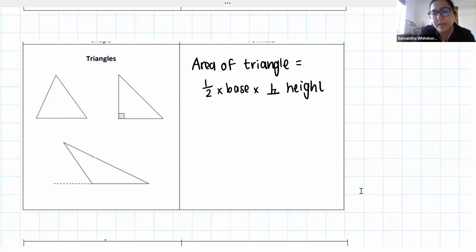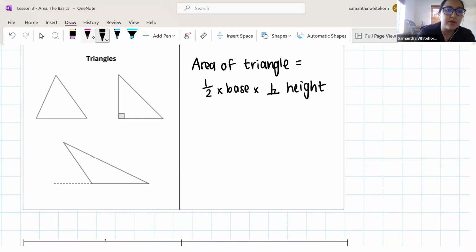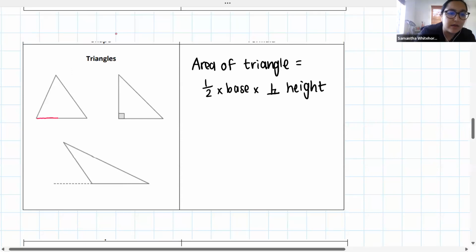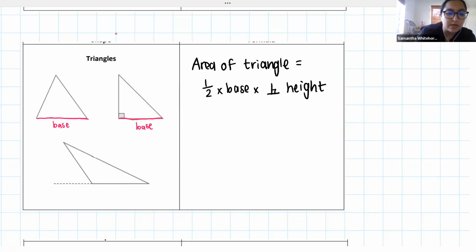If you say half base times height, that's absolutely fine. But if we quickly have a look at our triangles, what I need you to bear in mind is that any length could be considered the base, but generally speaking, we take our bottom length as our base length. So this would be our base length. This would be our base length. And in this obtuse angle triangle down at the bottom, this would be our base length.